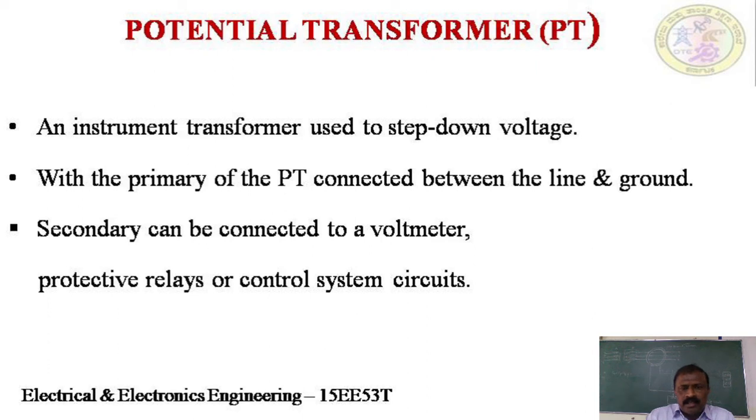As in the case of the CT, the primary of the PT is connected between the line and ground, and the secondary can be connected to the voltmeter to record the actual voltage, protective relays, and the control system. Therefore, both the CT and the PT are used for measurement of current and voltage.